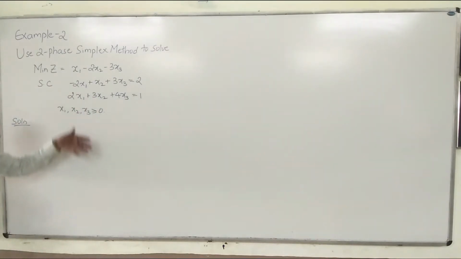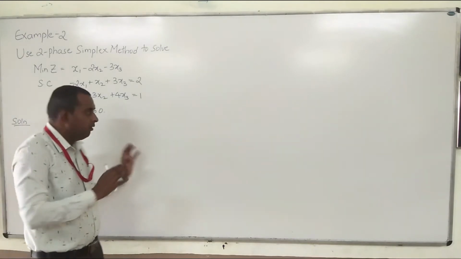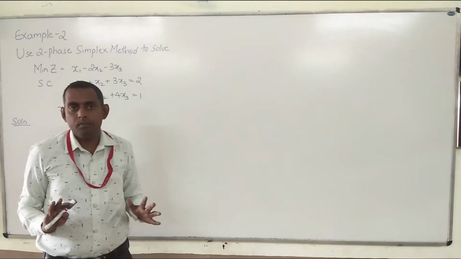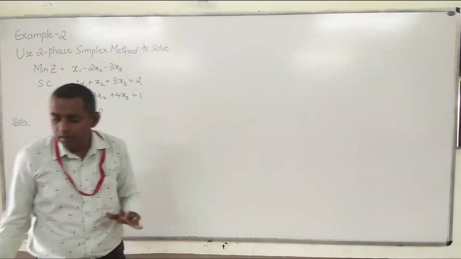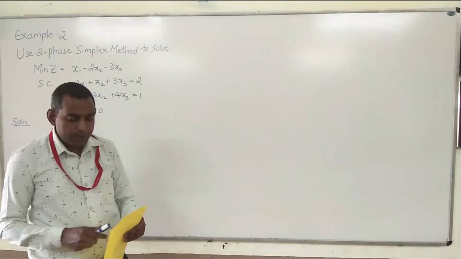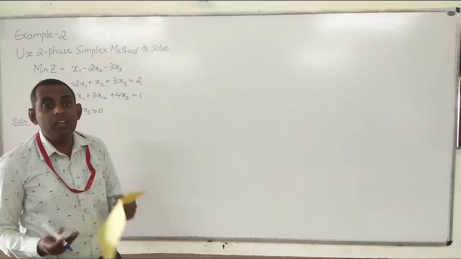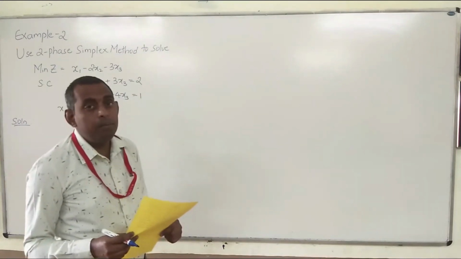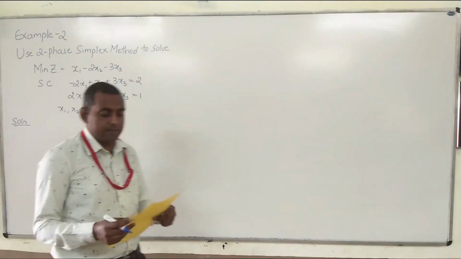Looking into this, we can see that the given LPP is not in standard form. First of all, what are we supposed to do? Convert the minimization objective function, that is, min z = -max z.